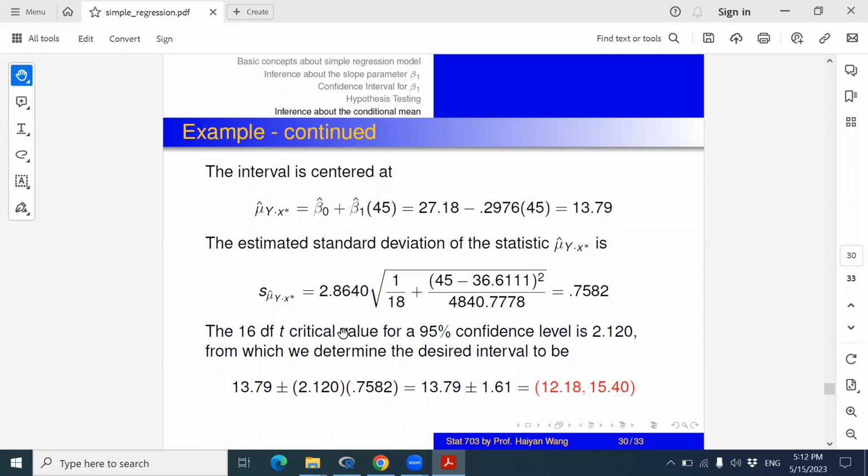The confidence interval uses t with 16 degrees of freedom. You can use qt of 0.975 with df equals 16 to get it. That gives 2.12. Once you put in the critical value, you get the confidence interval.